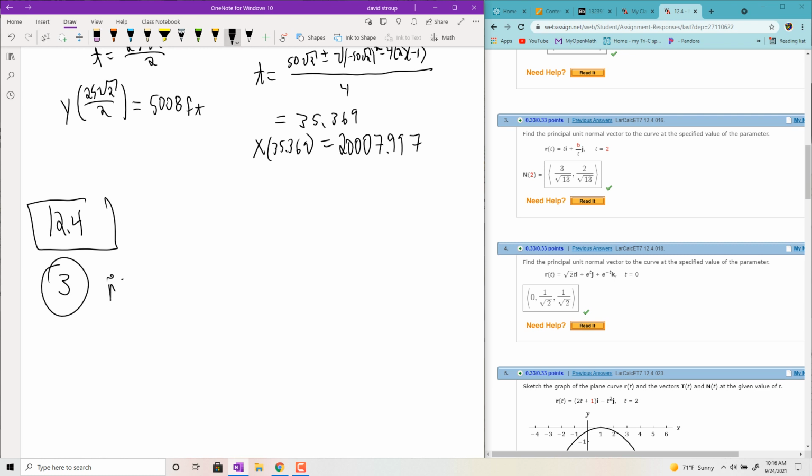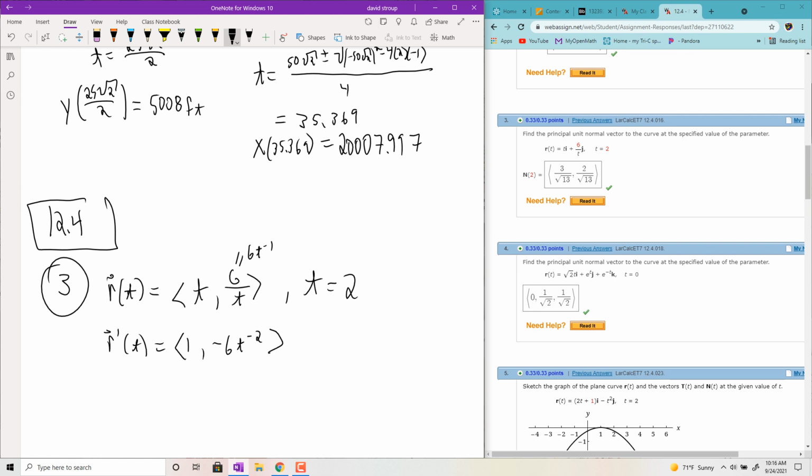So I give you r of t equals t comma 6 over t. And we want to evaluate the principal unit normal vector at 2. So I first need the derivative and then the magnitude of the derivative. So that'd be 1, and then 6t is the same as 6t to the negative 1, so that'd be negative 6t to the negative 2.